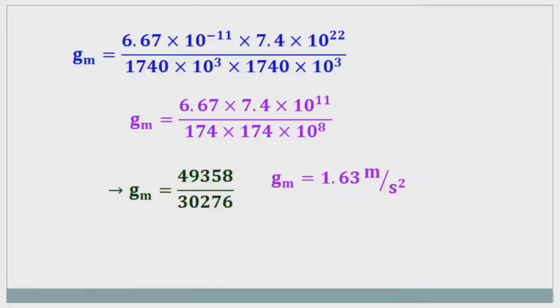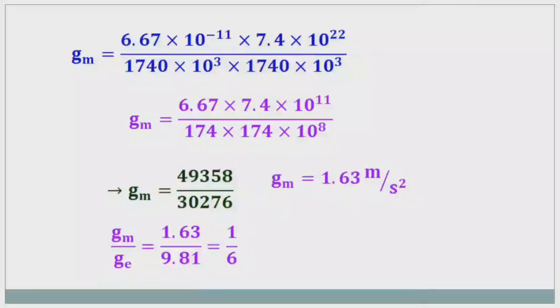Now we have to compare the free fall acceleration of the moon with the free fall acceleration of the earth. So Gm by Ge, free fall acceleration of the moon by free fall acceleration of the earth, is equal to 1.63, the free fall acceleration of the moon, by 9.81 meter per second square, the free fall acceleration of the earth. 1.63 by 9.81 is equal to 1 by 6.